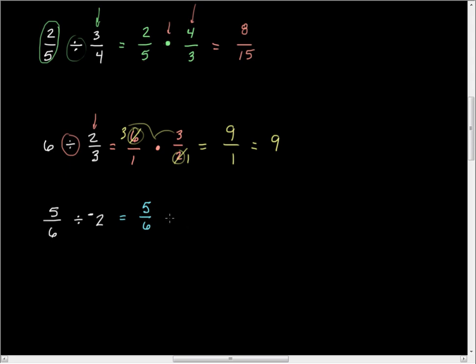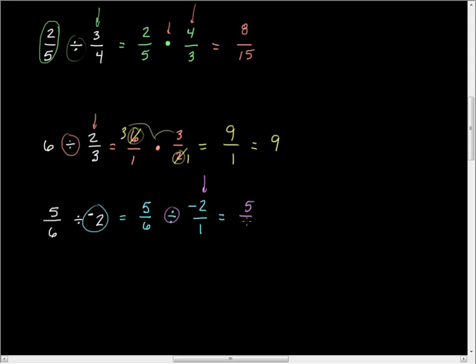Now I'm going to keep the division here, and the reason is I need to rewrite negative 2 as a fraction. So I'm going to rewrite negative 2 as negative 2 over 1. So now I have a fraction, I have a division, so I have to invert and multiply.